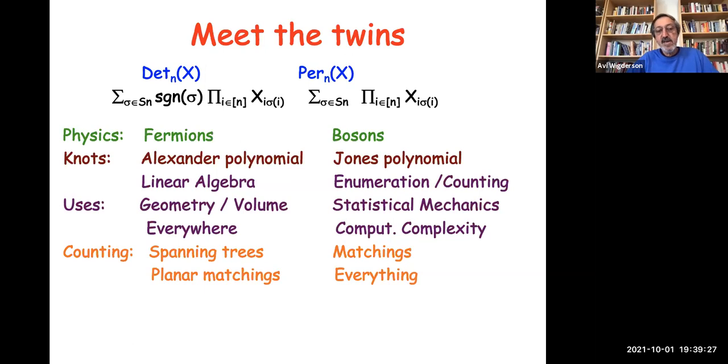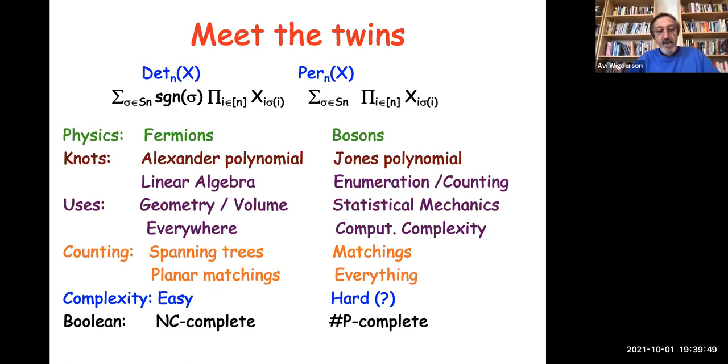The determinant counts only very special types of structures, like spanning trees and planar matchings. And from the complexity point of view, the determinant is an easy to compute polynomial. We all know how to do that. And the permanent, it's a great open question: is it as difficult as it seems? And we'll see evidence why it should be.